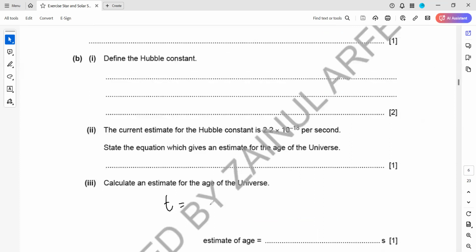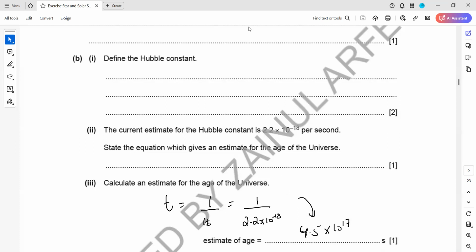Time is equal to 1 over the Hubble constant. So 1 divided by the Hubble constant, which is 2.2 × 10^-18, gives us about 4.5 × 10^17 seconds, which is about 13.8 billion years. That is the age of the universe.